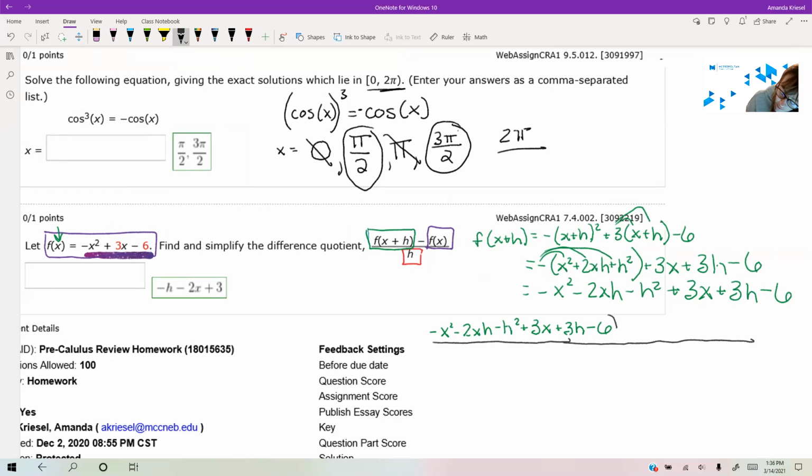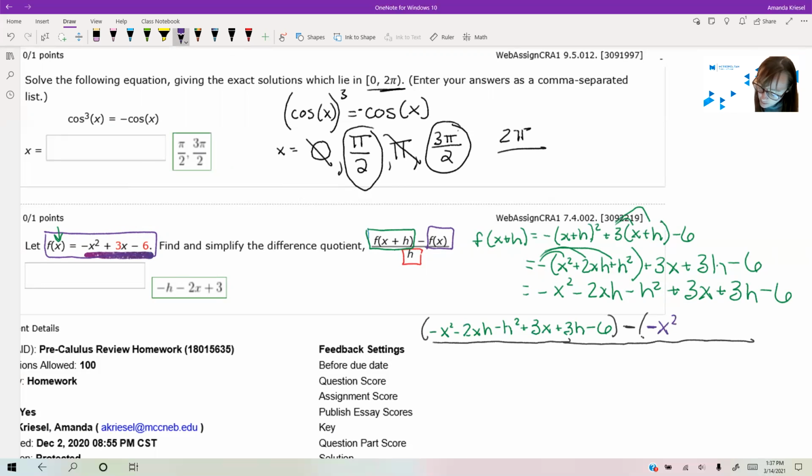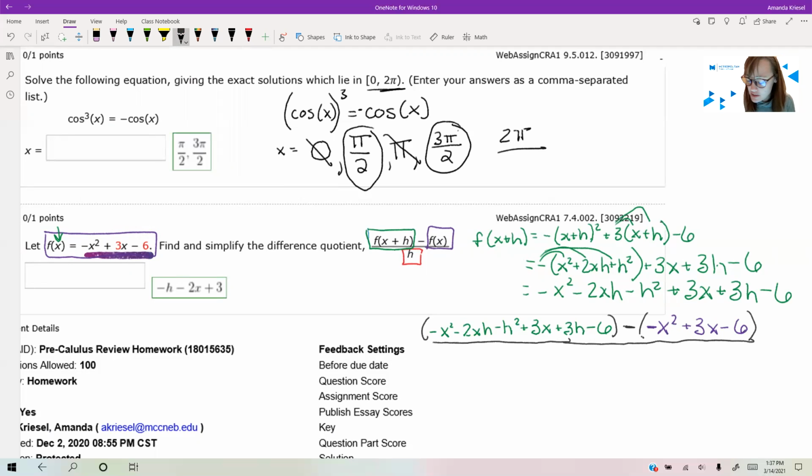I could put parentheses around this, and I don't necessarily need to because there's no coefficient out front, but you can. And then I have a minus, and here I'm going to put this f of x, which is equal to negative x squared plus 3x minus 6. Notice again right here I used parentheses. This one you do want to use parentheses because you're subtracting everything that is f of x. You're going to subtract all of those terms.